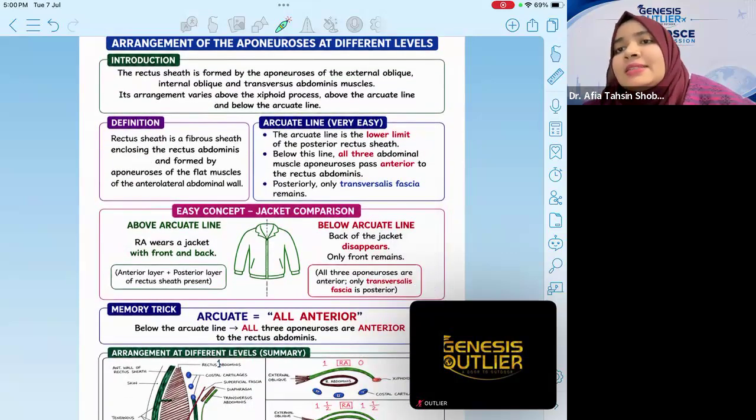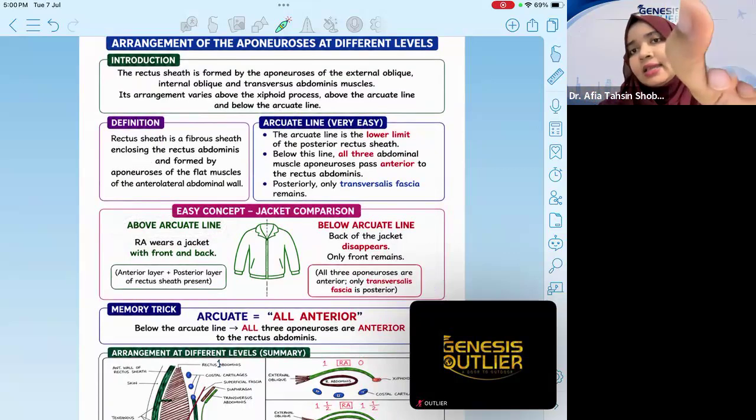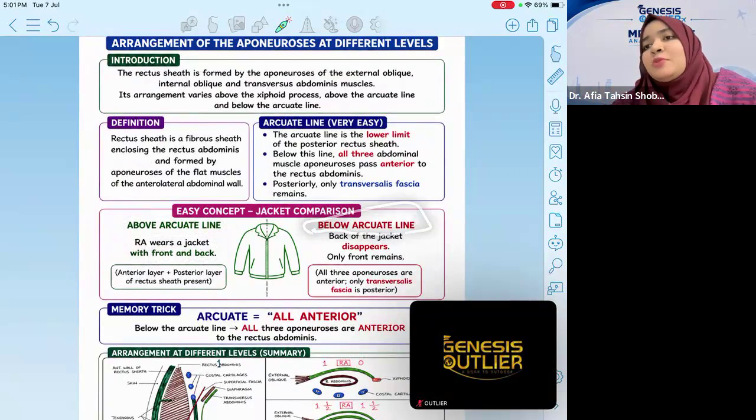Here the tip is to imagine it like a jacket. Above the arcuate line, the rectus abdominis muscle wears a jacket with front and back parts. Both front and back parts are present, but below the arcuate line, only the front part of the jacket will remain.